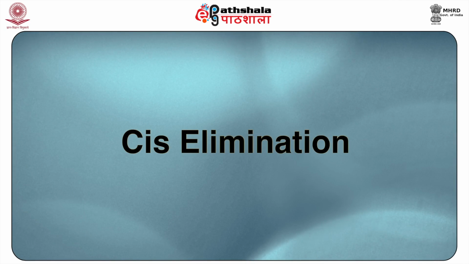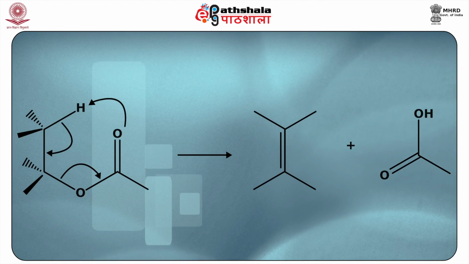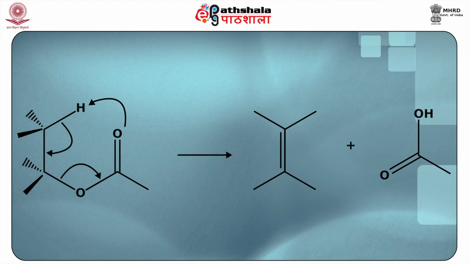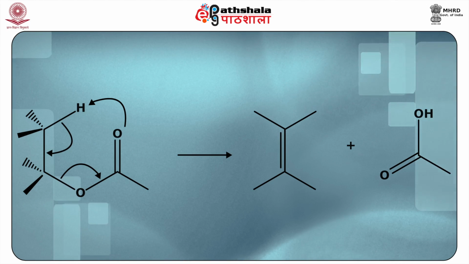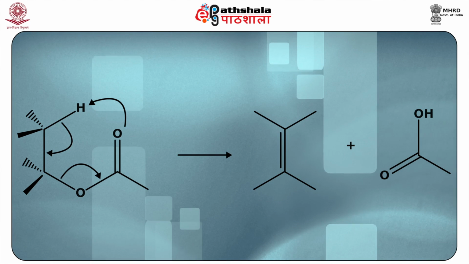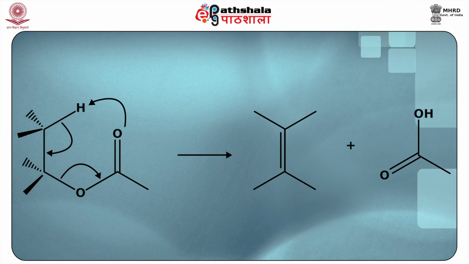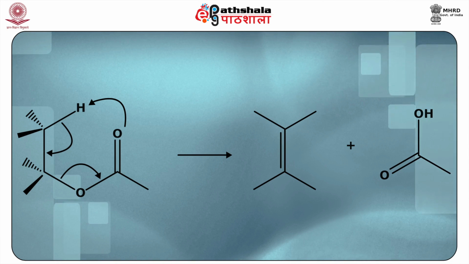Now let us understand cis-elimination. The cis-elimination usually takes place by pyrolysis. Pyrolysis means the breaking of bond by application of heat. Pyro means heat. So the pyrolysis of esters, let us say for example acetate ester, or methyl xanthate ester, takes place via cis-elimination as shown here in this figure, ultimately leading to the formation of alkenes.